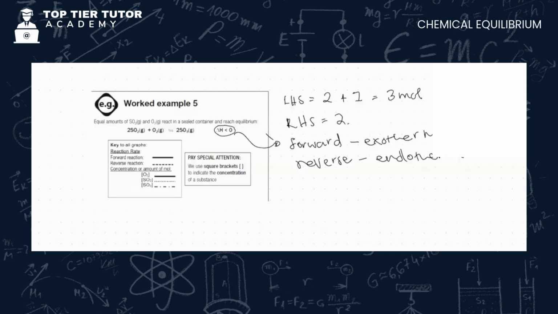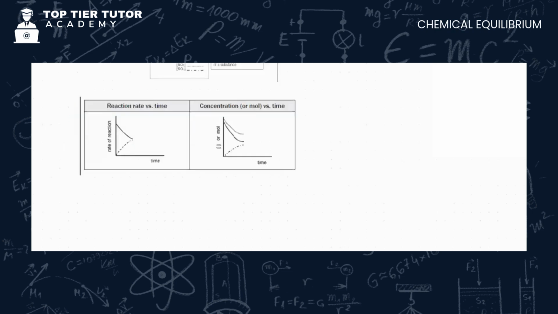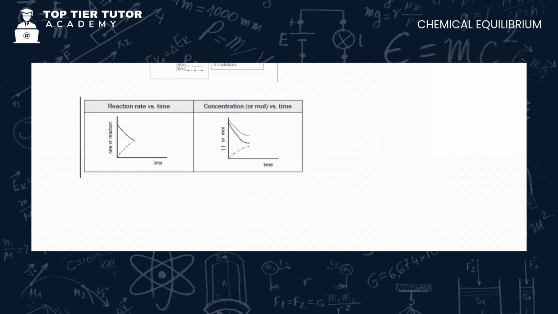So when the reaction starts, let's look at how those 2 graphs are going to look. If we remember from theory, we know that the rate of reaction is directly proportional to the concentration. So it means if we have a higher concentration, we would have a high rate of reaction.